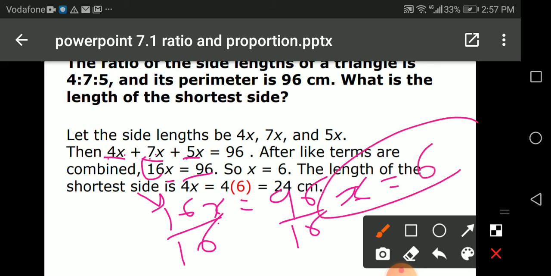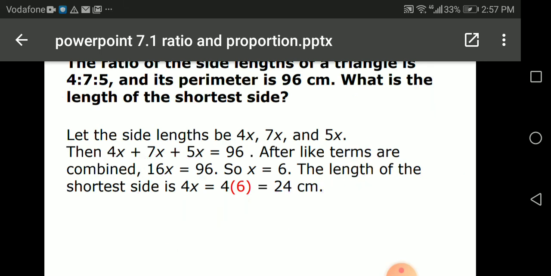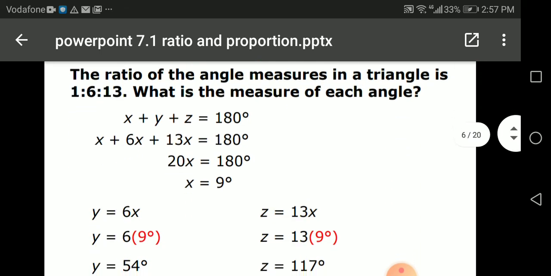But I still didn't get the answer the question required: what's the length of the shortest side? The shortest side is 4x. So instead of x, I substitute 6. 4 times 6 gives me 24 centimeters.